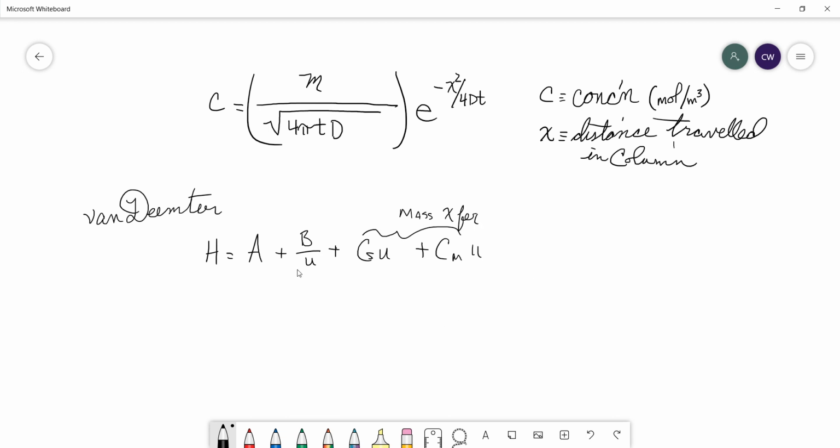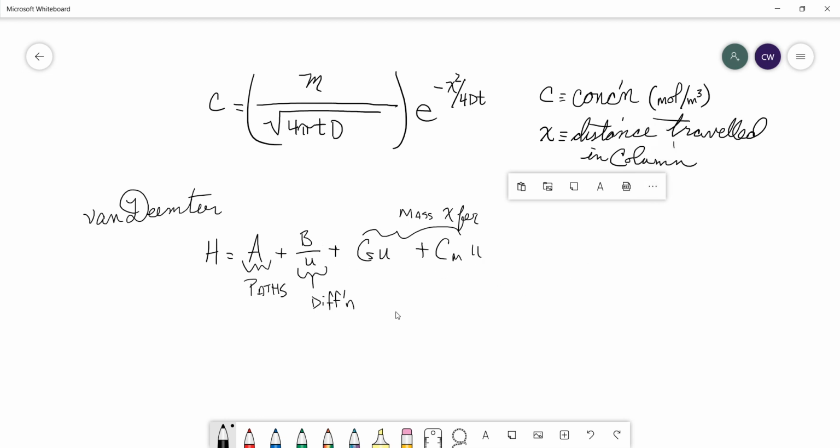So here we have diffusion. Here we have path lengths. Now I know that that is not immediately obvious. So we're going to consider each of these terms in turn. We already discussed diffusion.